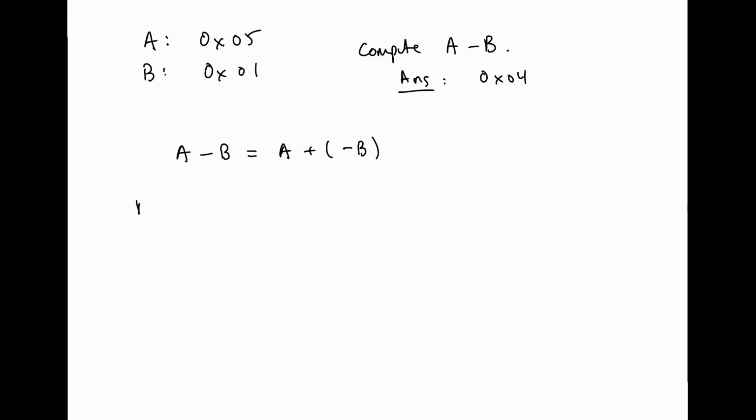If B is in hex this, or in binary that, what is negative B? Yes, it is 0xFF. How did you get that?